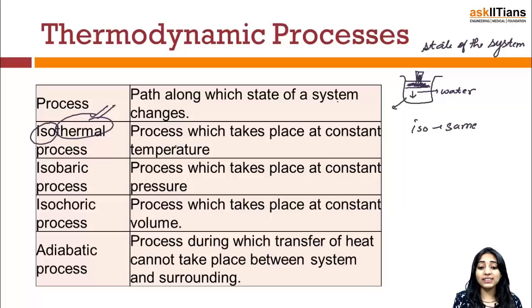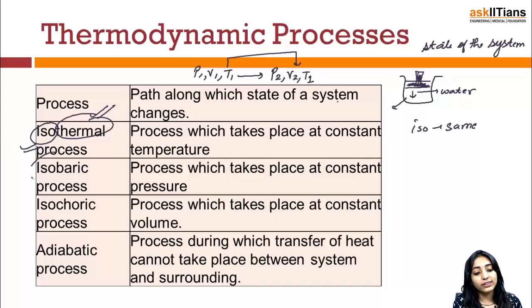So those processes which take place at constant temperature, for example, I am trying to move the system from a state with pressure P1, volume V1, temperature T1, to another state where the pressure is P2, volume is V2 and temperature is T1. During this process, the temperature of the system didn't change, and hence this kind of process is known as an isothermal process.